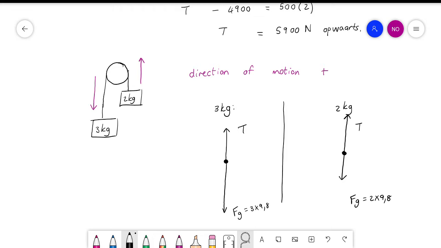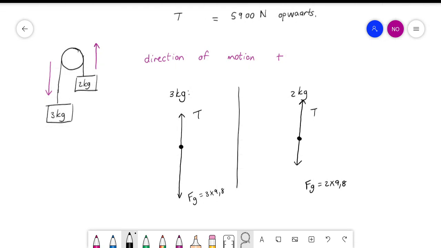Okay. Now, we've said already that for both boxes A is equal. Al twee die bokse moet teen dieselfde versnelling begin beweeg. Right? One part of the system can't move quicker or slower than the other part of the system.